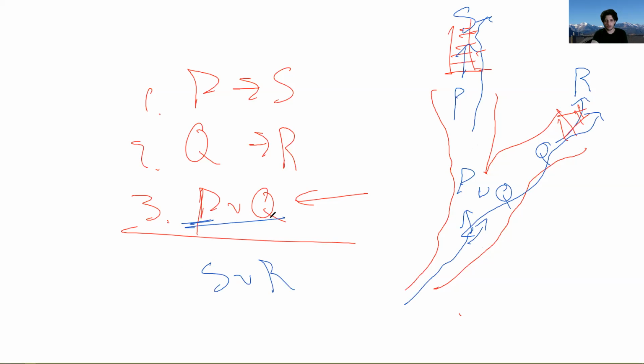Either P is going to be true or Q is going to be true. But if P happens, then we're going to get S, and if Q happens, then we're going to get R. So really, because one of those two causes is going to happen, one of those two effects is going to have to take place. So that's constructive dilemma. And let's go ahead and move on.